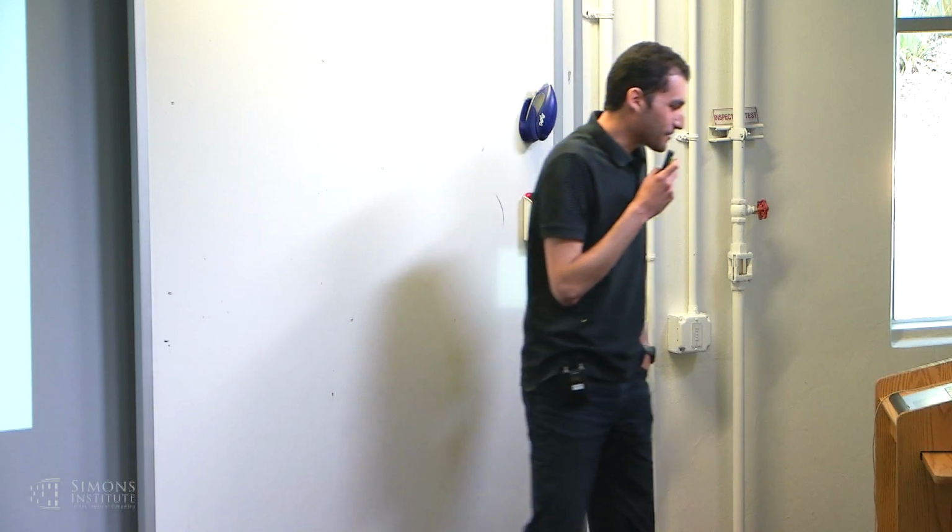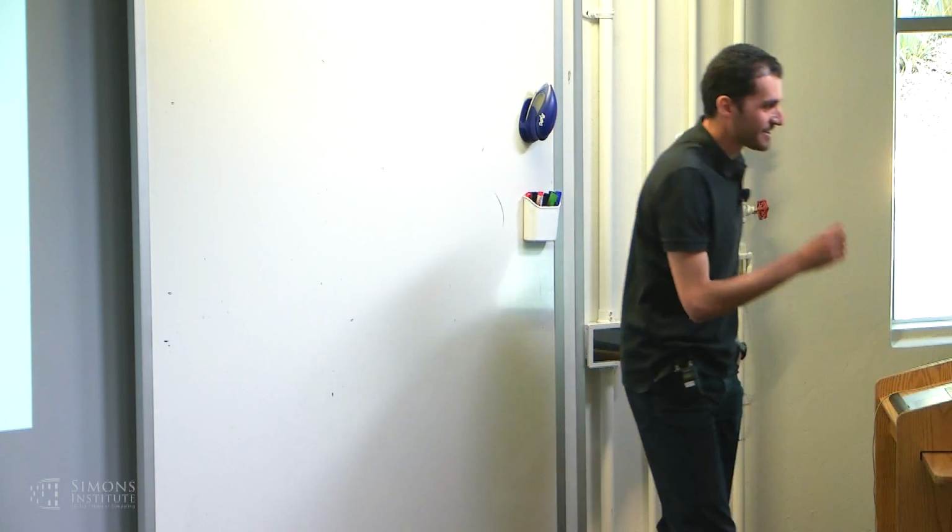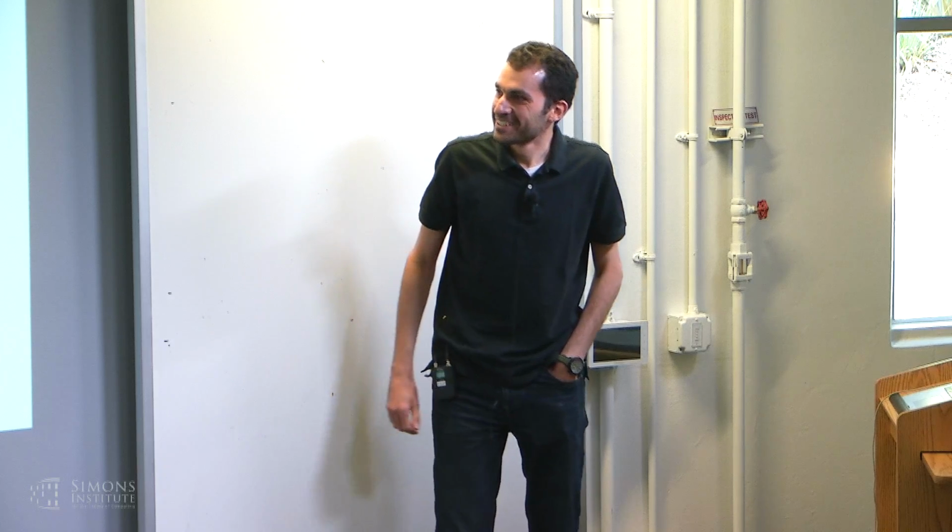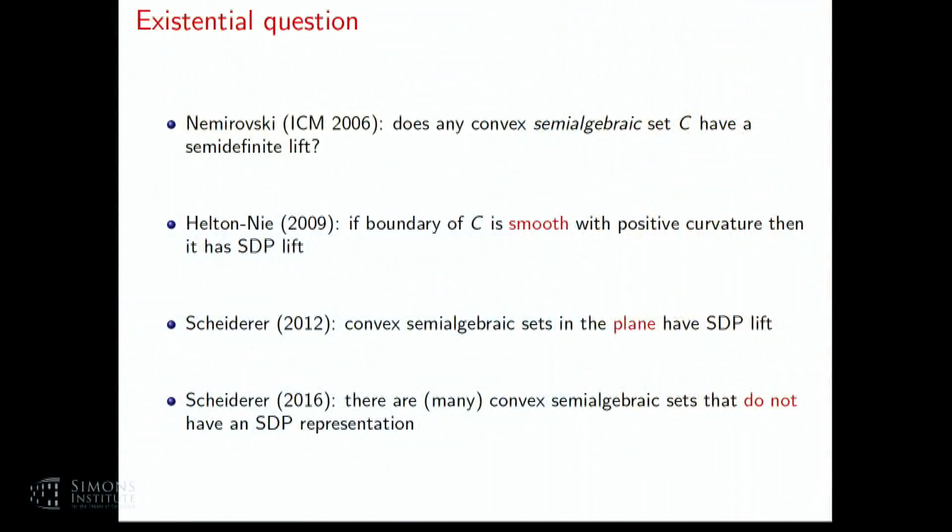Let me mention that he showed there are many of these, and his construction is really explicit. He shows that the cone of non-negative polynomials, whenever these are different from sums of squares, does not have an SDP representation.